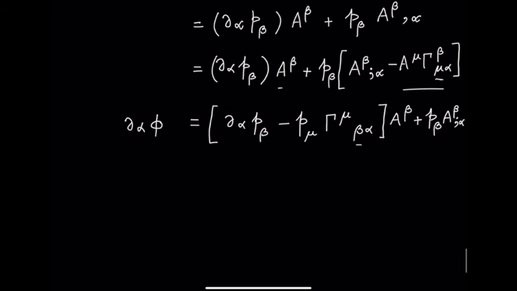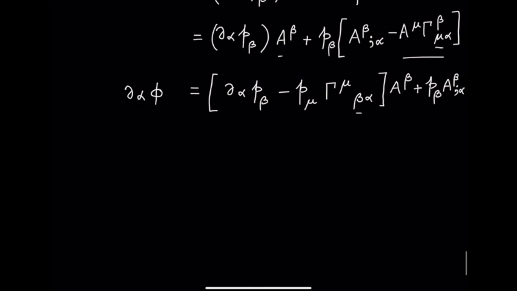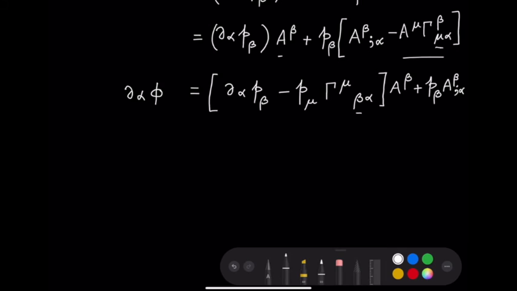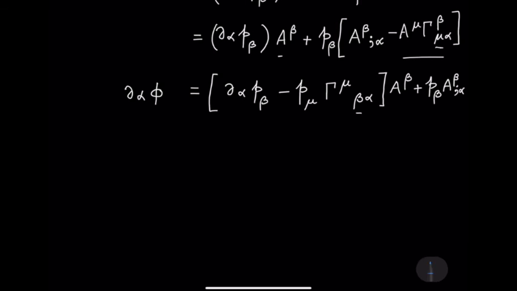Okay. So this is what we have got. Let's stare at it for a little while and do some counts. So this is a one form, a tensor of type (0,1). This is a vector, which is of type (1,0). The covariant derivative gives you a tensor.